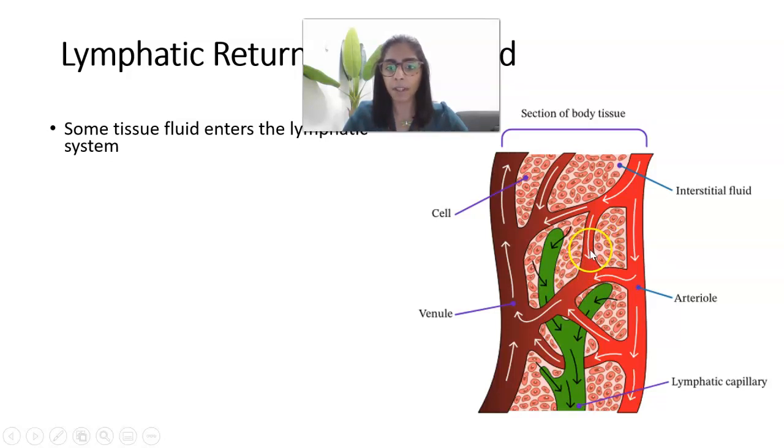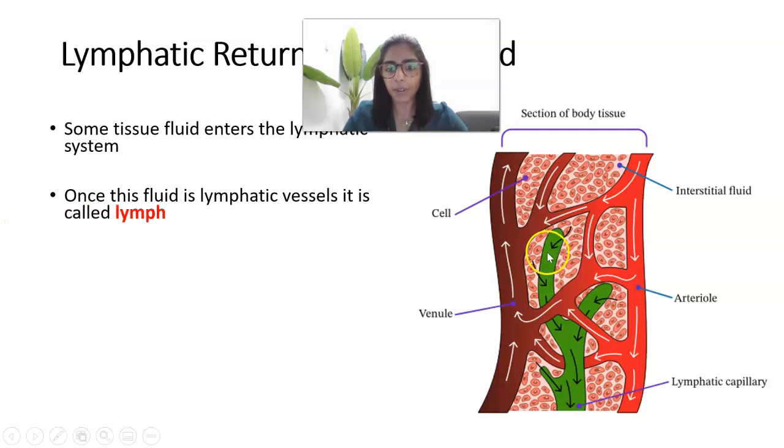So some of that blood plasma squeezes out and bathes these cells and becomes tissue fluid. That tissue fluid has to be absorbed back into the circulatory system somehow. So the first step in doing that is by the excess tissue fluid being absorbed into the lymphatic system, and that's what these black arrows are showing here.